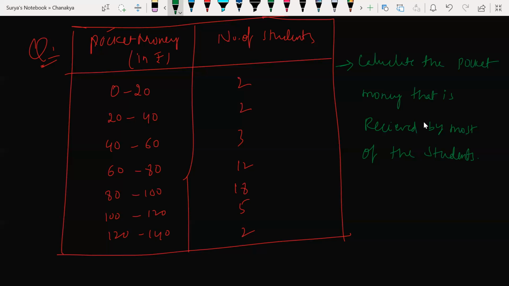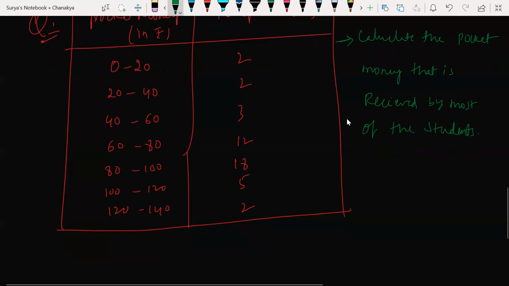What is the answer? Guys, look at this. First, let us write the mode formula.